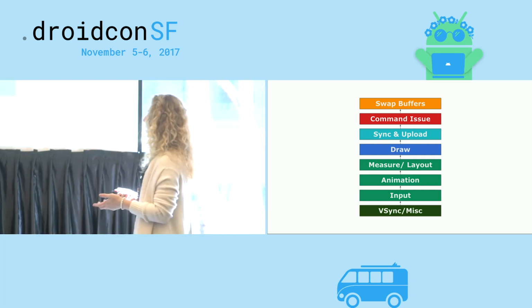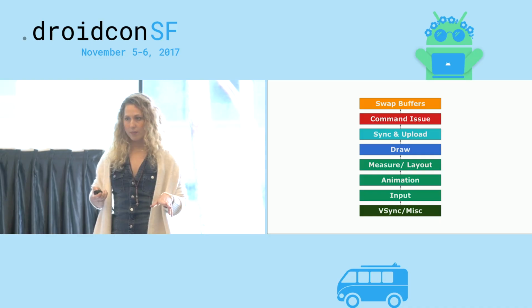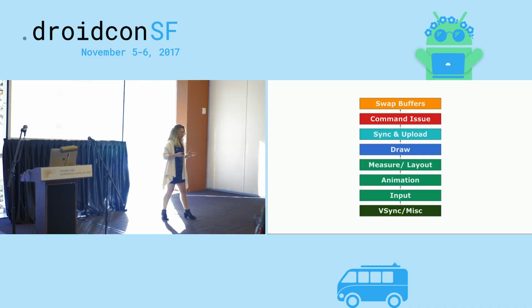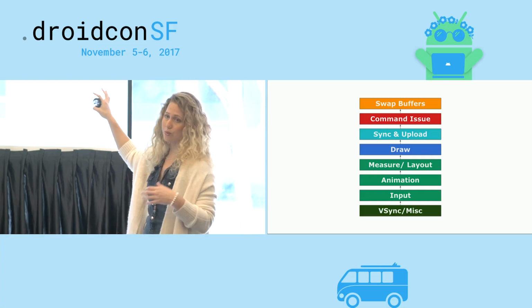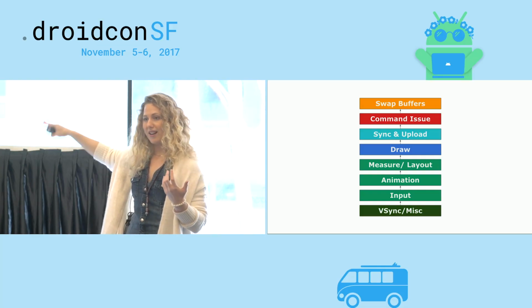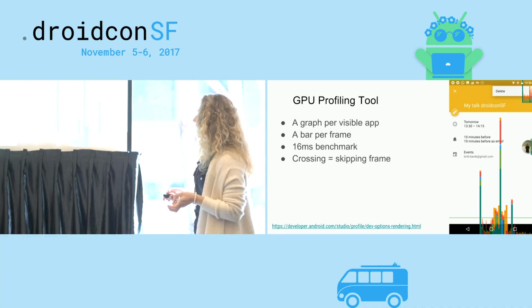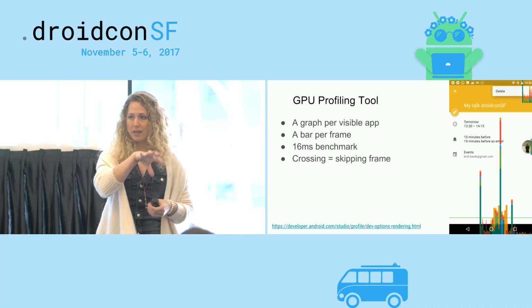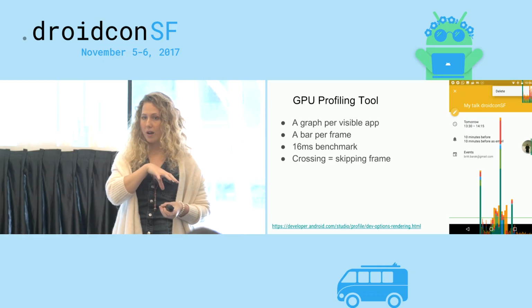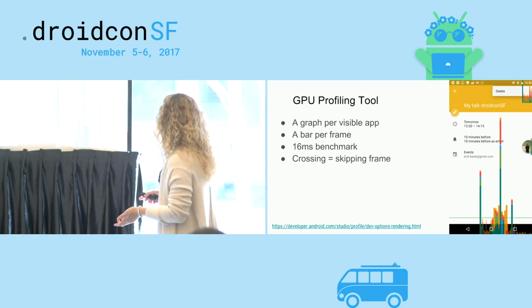I'm not going to talk about profiling tools that we see all the time. I do want to mention two small things, and this is the reason that I chose those colors, the naming and the ordering. First is the GPU profiling tool, once again a tool from the developer options on your device, which is very, very handy.